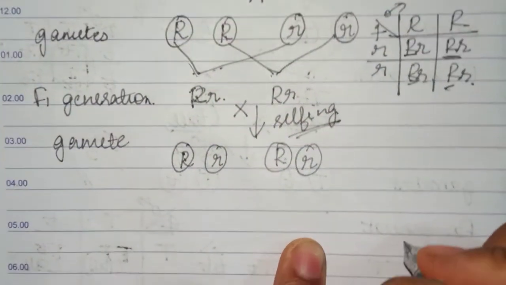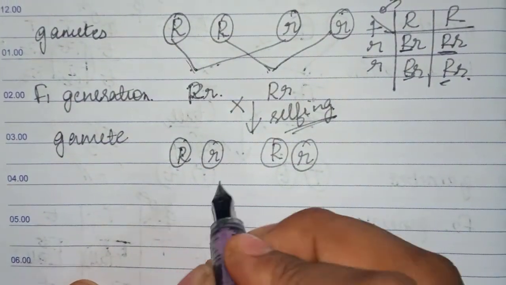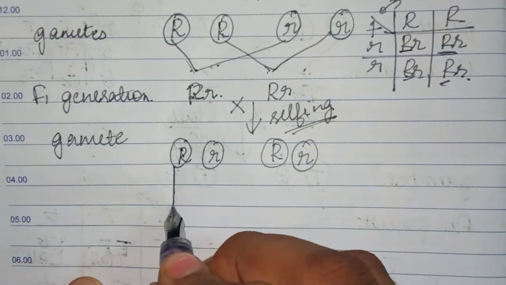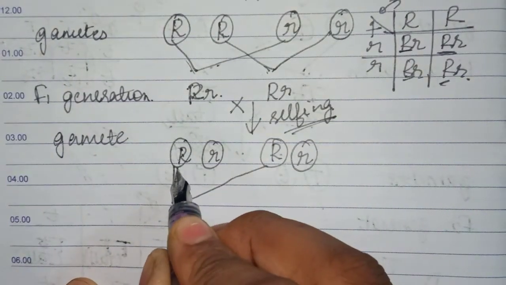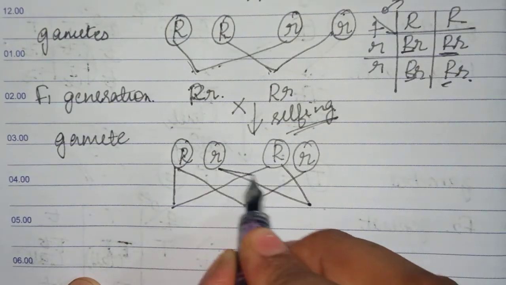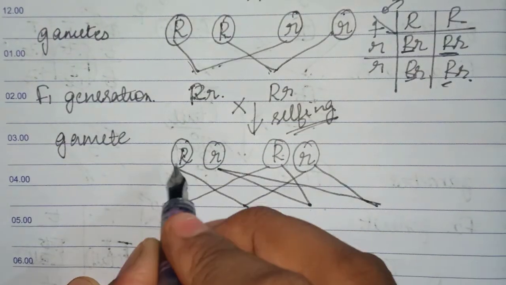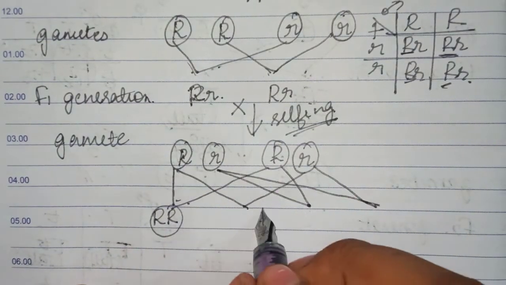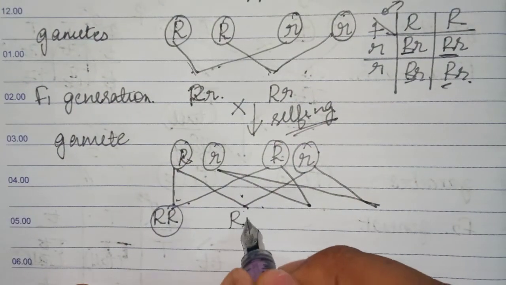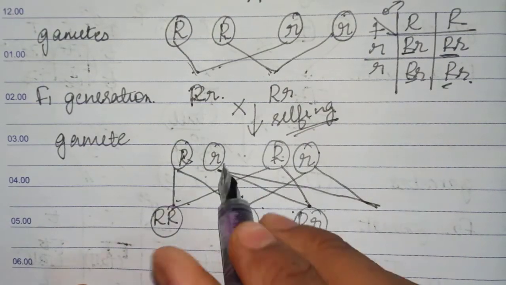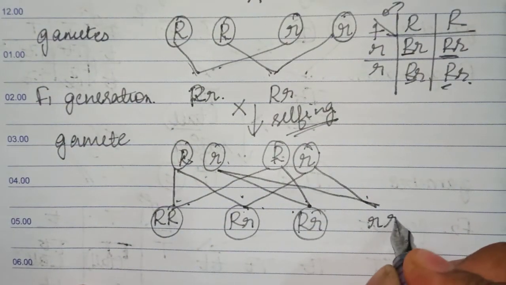Now you can do a Punnett square for better understanding. In the last video I completed the Punnett square, but let me show you by crossing also, if you have so much suspicion of me. Again we take one trait here and another trait here. Capital R with capital R gives capital R, capital R. Capital R with small r gives capital R, small r, and small r with capital R gives capital R, small r.